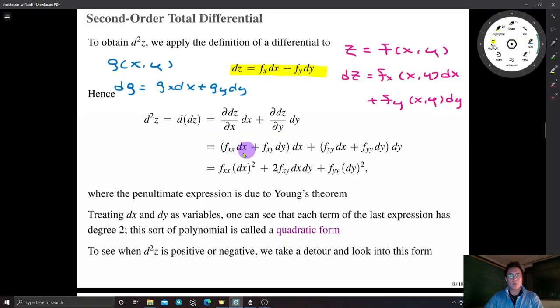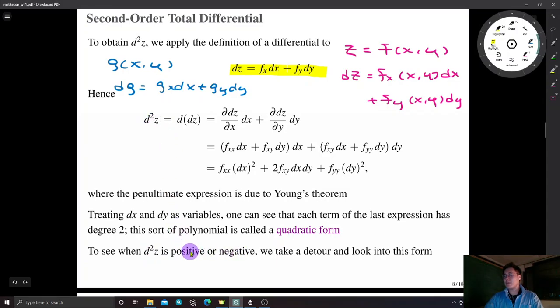Okay? Going back to the second total differential, it takes a quadratic form regarding dx as a variable and dy as another variable. So now we are going to take a detour to study the main properties of this quadratic form, because we are trying to figure out when this second differential is positive or negative.